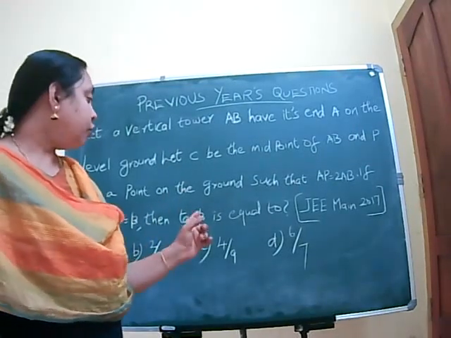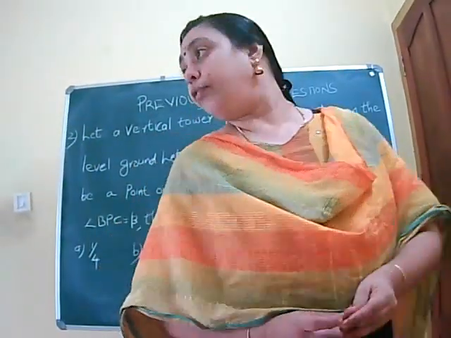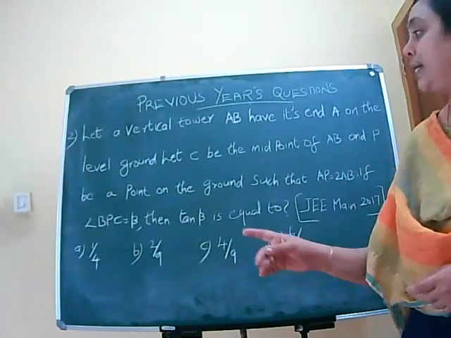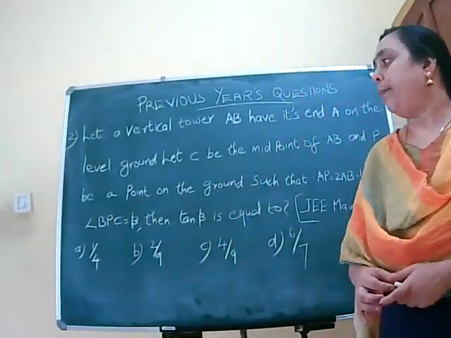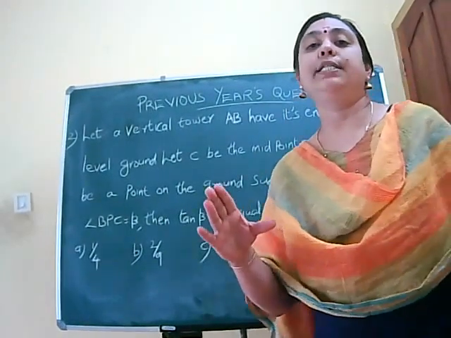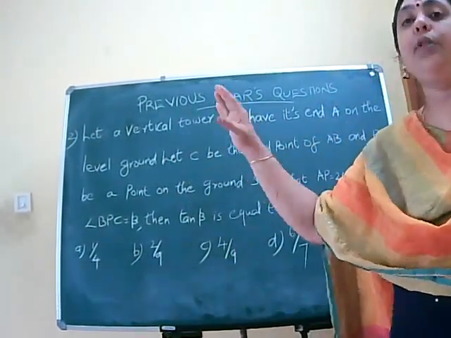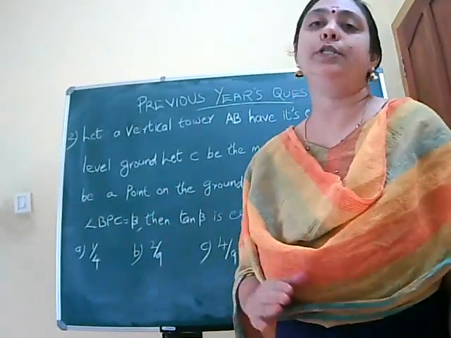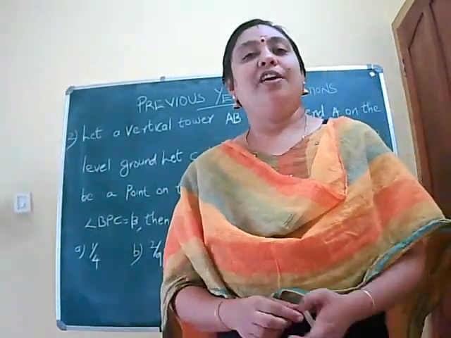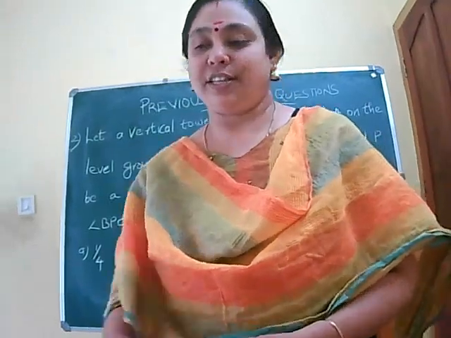Then we have to find the value of tan beta, that is tan of angle BPC. Draw the rough picture of this tower using the given information and mark all these points. Okay, we will see after 5 minutes.